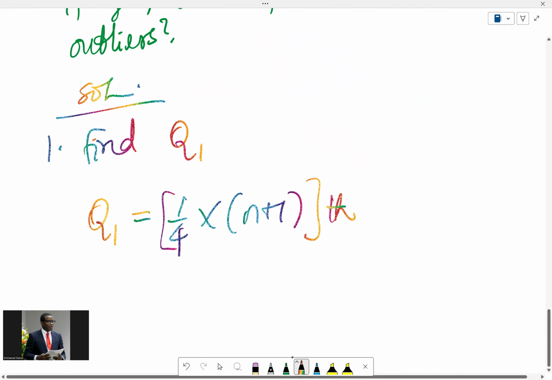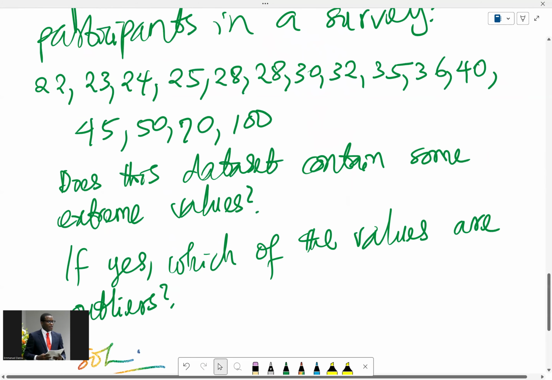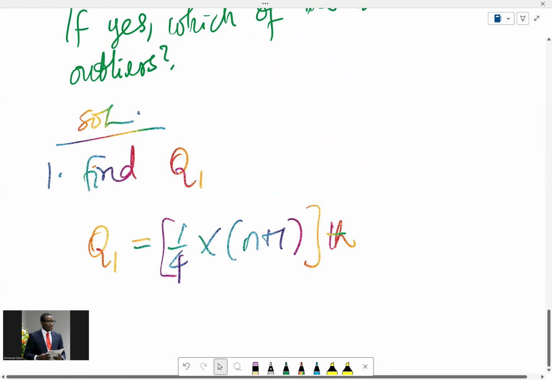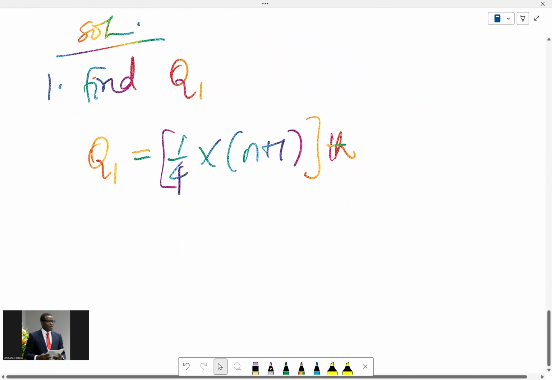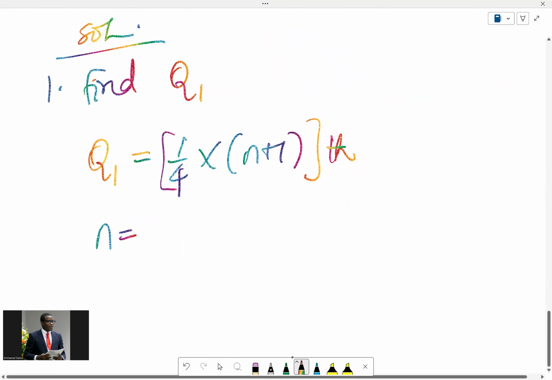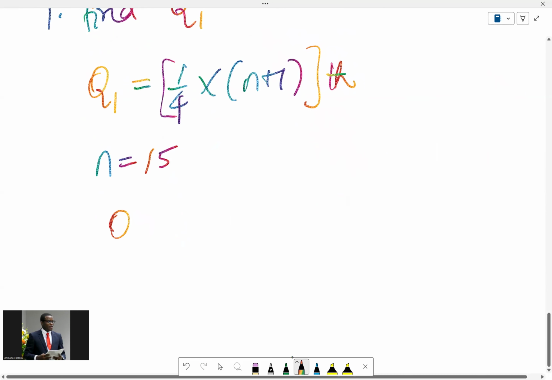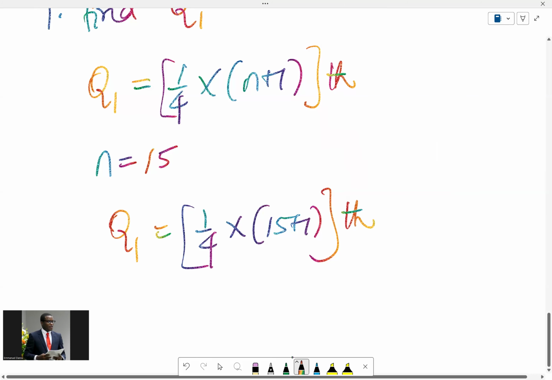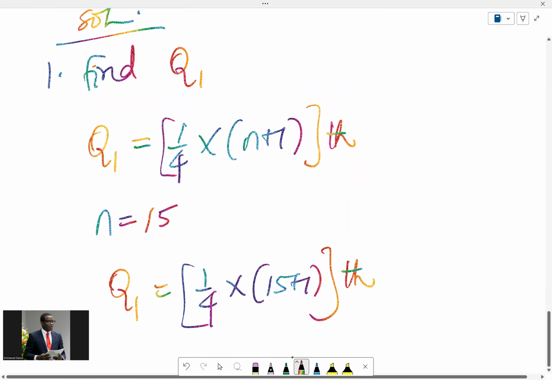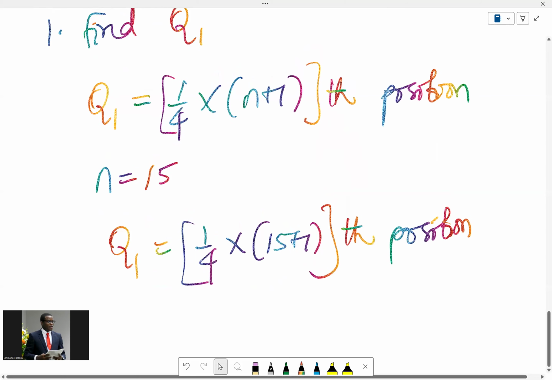So it will be the 1 over 4 times n plus 1th value in the data set. From what we have, the data set has 15 values, so n is equal to 15. So the first quartile would be 1 over 4 times 15 plus 1. That's the position the data occupies.